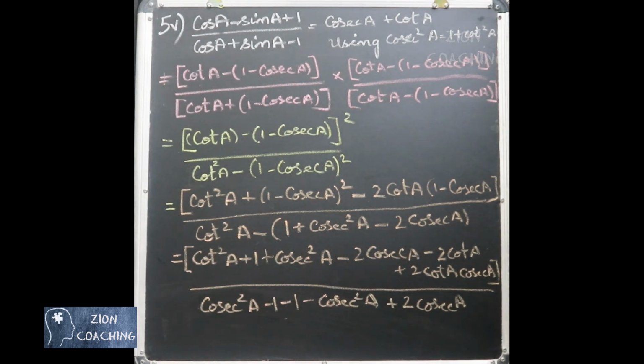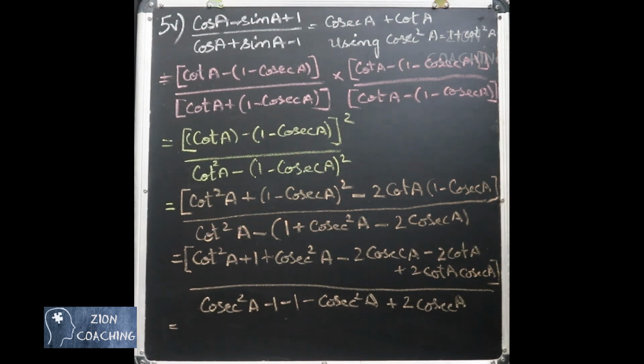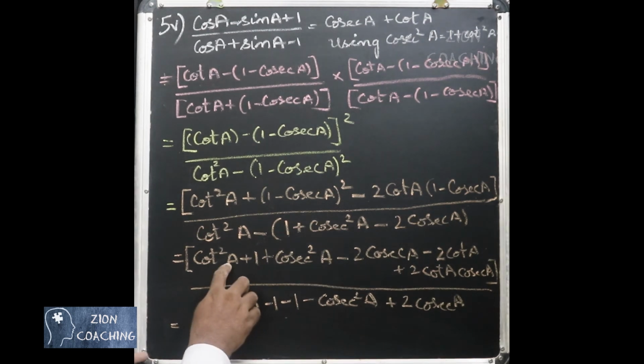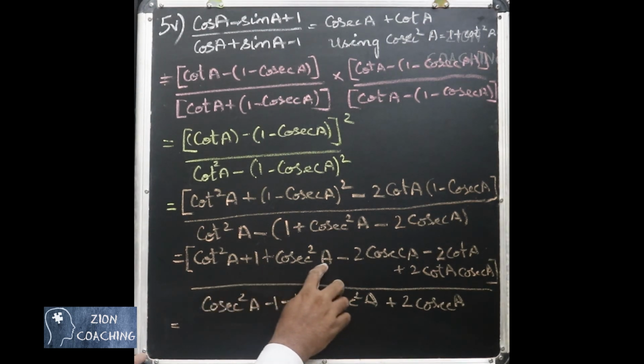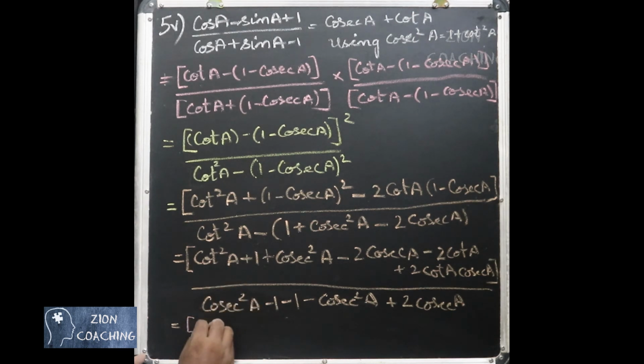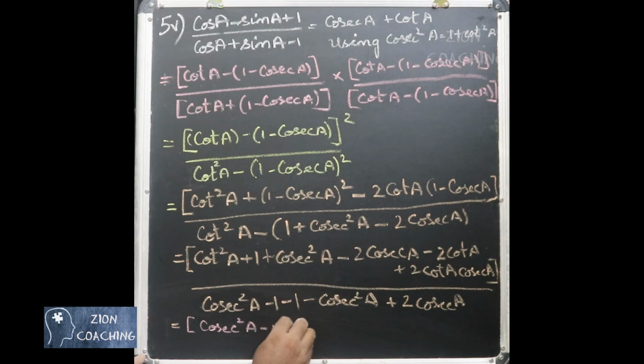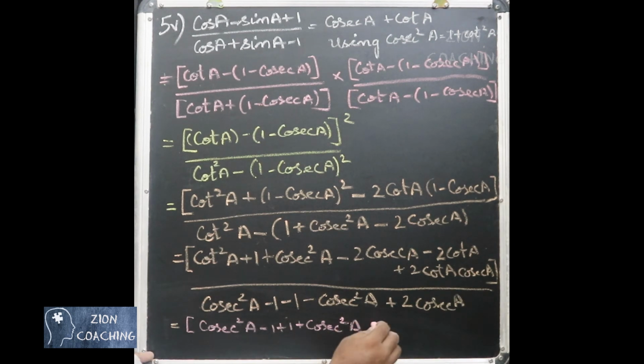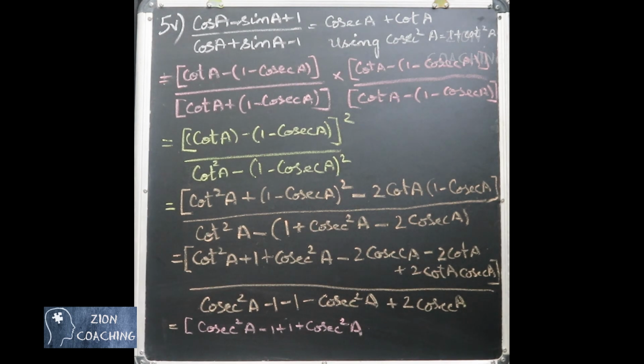Now, when you further simplify this, you are going to have 1 plus cosecant squared A is already there. This cot squared A can be written as cosecant squared A minus 1. Cosecant squared A minus 1 plus 1 plus cosecant squared A, then you have, I will write it in the next page.